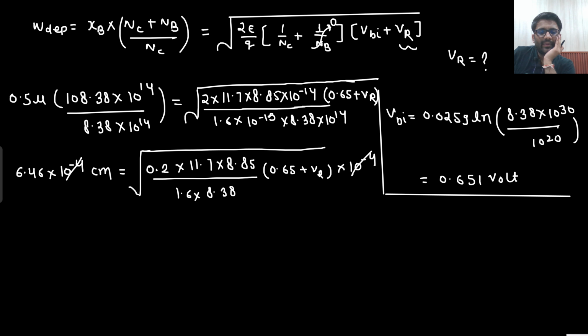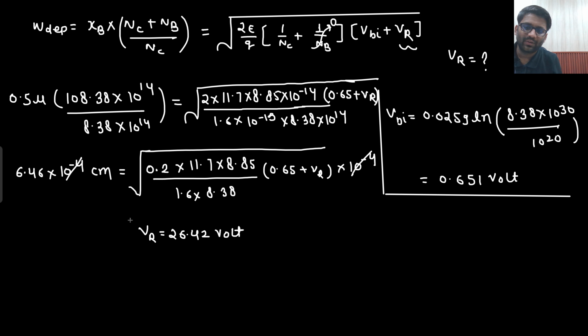Everything is fine. 10 to the power minus 28, 10 to the power minus 5 minus 9, so 0.2, 10 to the power minus 4. So it is coming out to be 26.42. If you are getting some other answer, then you can check it. I am getting 26.42 volt, roughly around this voltage.